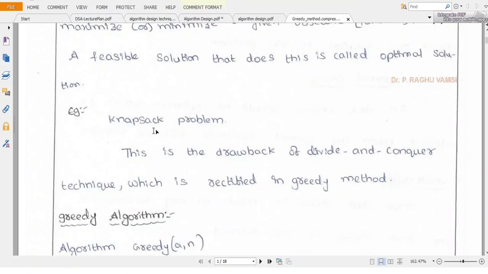For example, the knapsack problem is a kind of problem. Optimal spanning tree construction is a kind of problem. Shortest path algorithms are also kinds of greedy method. In the shortest path algorithm, what we have seen is that from one vertex to another vertex, we need to go by a shortest path.